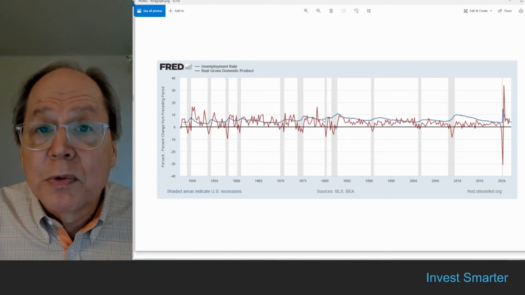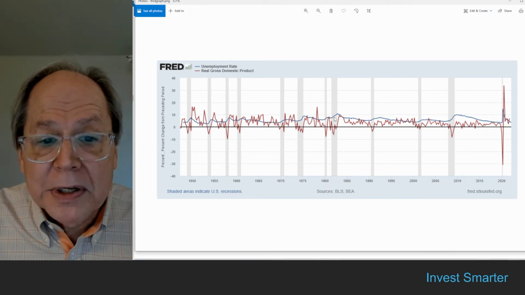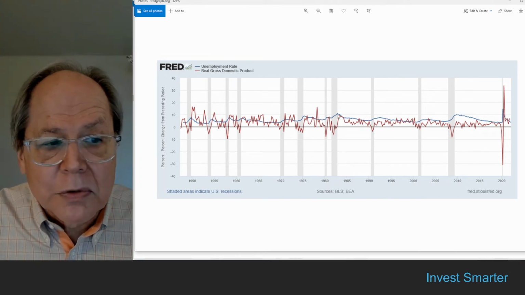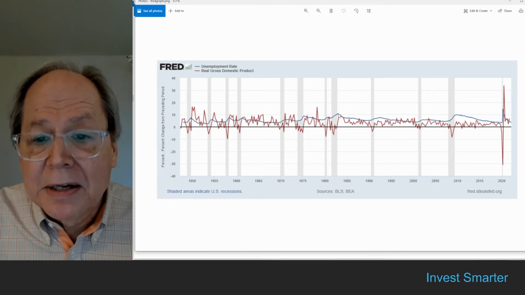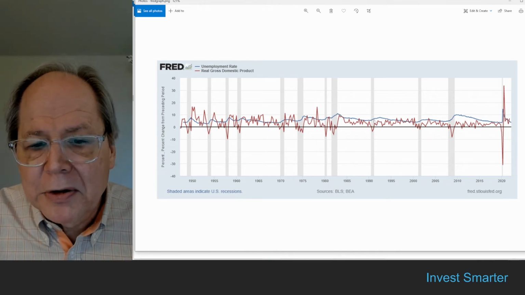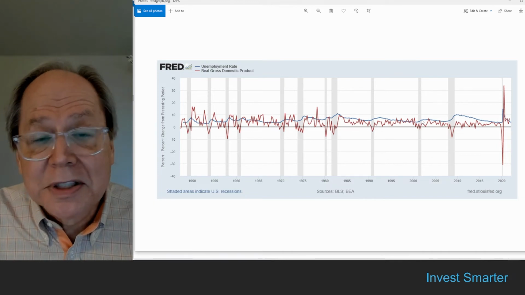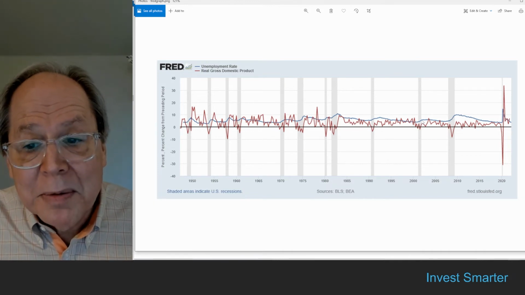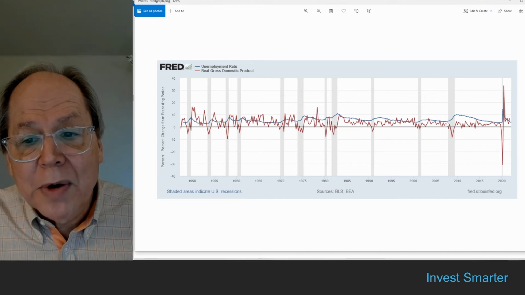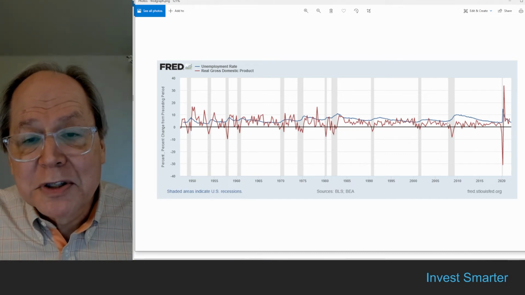Now you can see clearly in 1975, we had a big jump in the unemployment rate. Back in the early 80s, when inflation was running rampant, the unemployment rate ramped up to over 10%. Not a good thing, but it wasn't really bad in 1990, or in the early 2000s, even though there was a dot-com bubble bust back then. And then we get to the Great Recession in 2007, 2008.